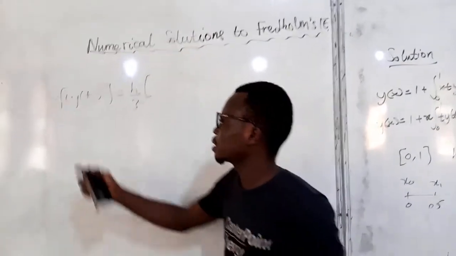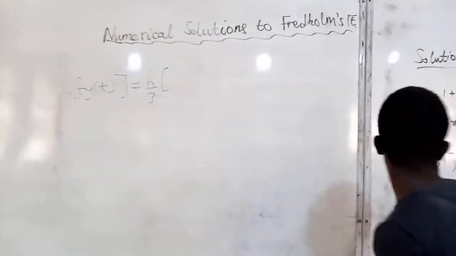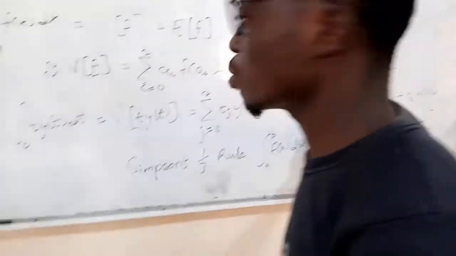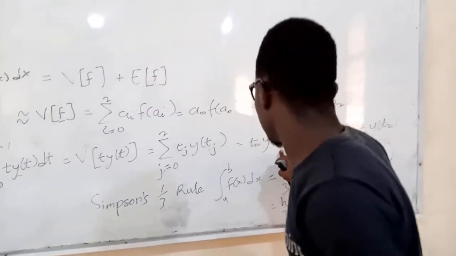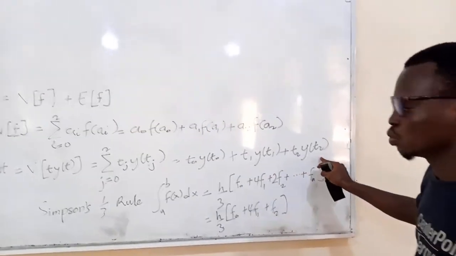Then we have t naught, y of t naught, t1, y of t1, then t2, y of t2.